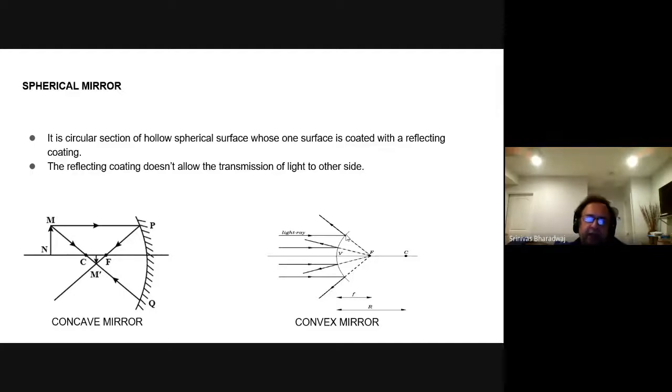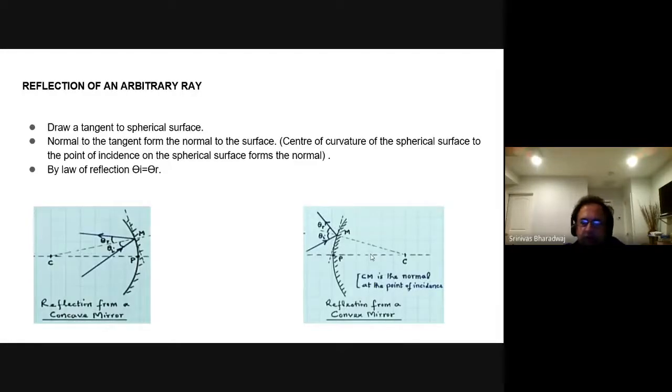Notice that in a concave mirror, the image is inverted, but it is real. In a convex mirror, the image is not inverted, but it is virtual. So you remember that.